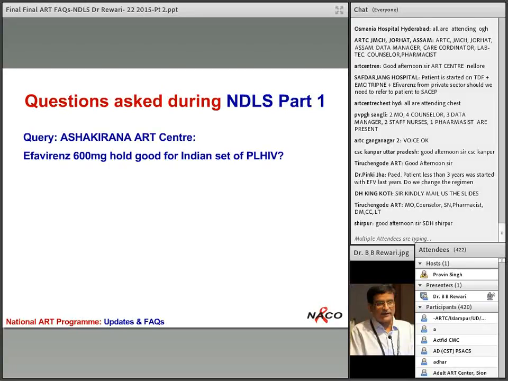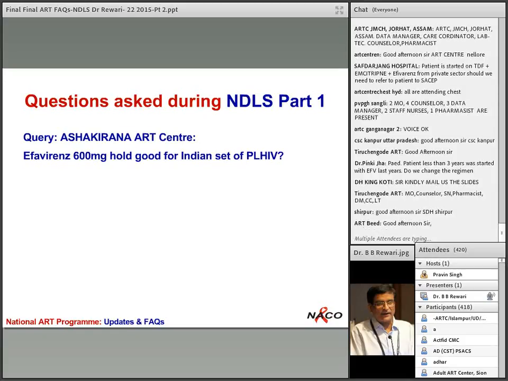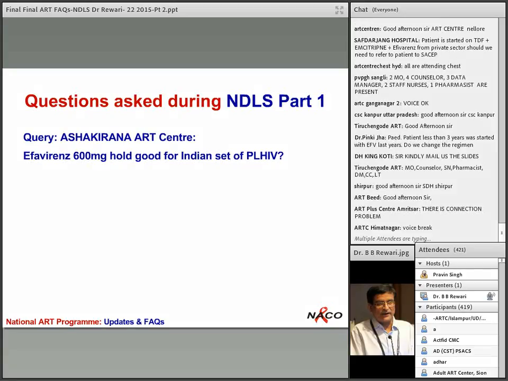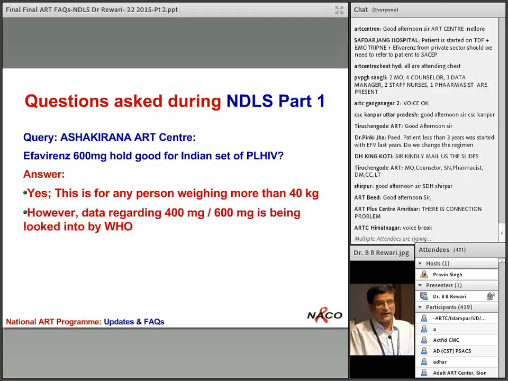Efavirenz 600 mg holds good for Indian patients. This question has been coming up, and it was in fact discussed in depth when Dr. Rajashekharan was superintendent at Tambaram Hospital, and basically it was thought that we can use a lower dose or a higher dose also. 800 mg initially was suggested. So this is the regimen: 600 mg dosage to be used for any person weighing more than 40 kgs.